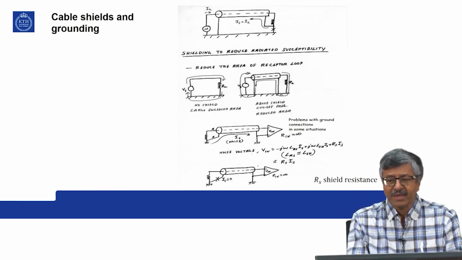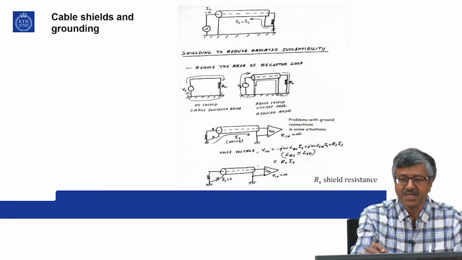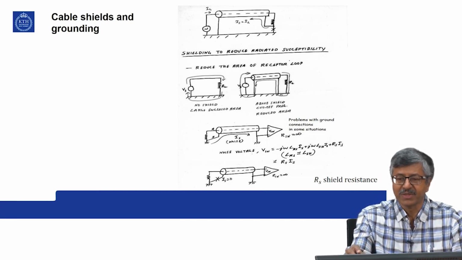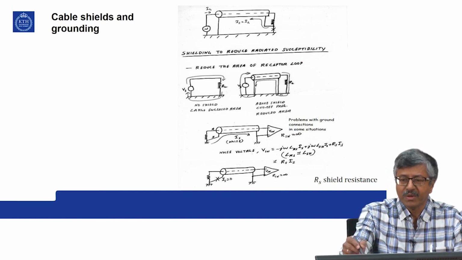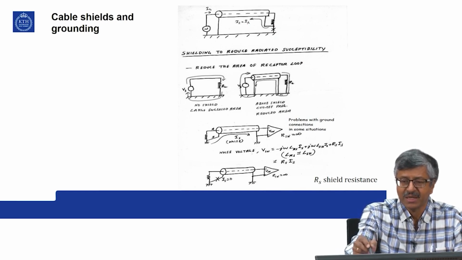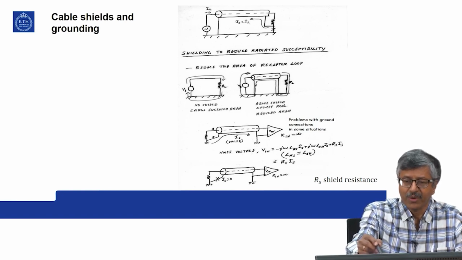So, again we look at the cable shields and grounding. Shielding to reduce radiator susceptibility. So, this part is grounded. To make sure that all the current is returning to the shield, you ground only on one side and you can connect this end to the shield. So, this may be more effective sometimes.